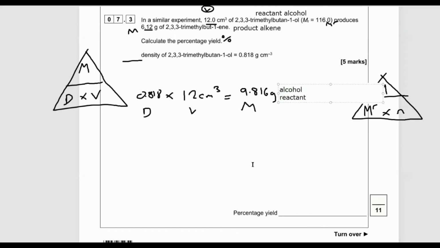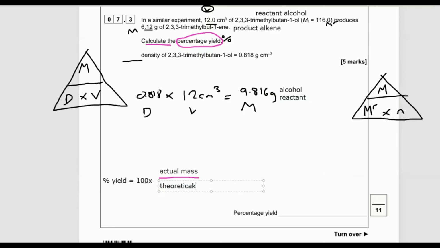We know that we've got 9.816 grams, and we've been given the Mr is 116, so we can work out the moles of the alcohol. Remember that percentage yield, which we're going to need for the final part of the calculation, is the actual mass over the expected or maximum theoretical mass.